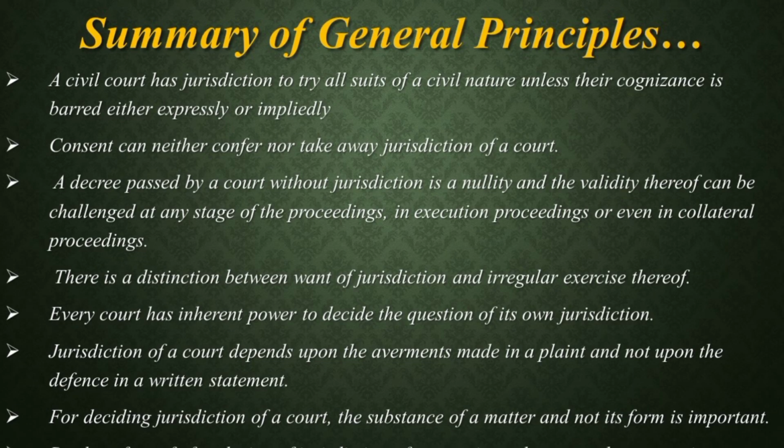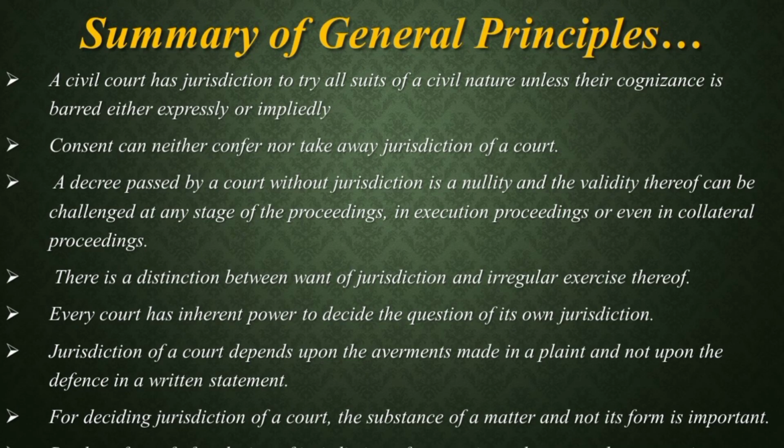And another, seventh principle in this regard is that the burden of proof of exclusion of jurisdiction of a court is on the party who asserts such exclusion of jurisdiction. And another key principle is that for deciding jurisdiction of a court, substance of the matter is very important and its form is not important.